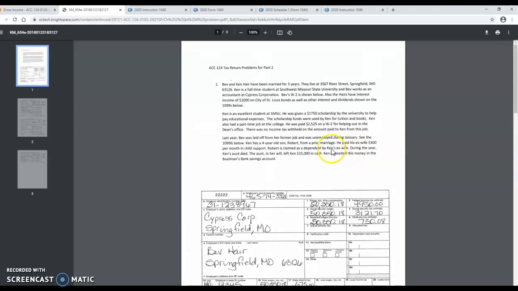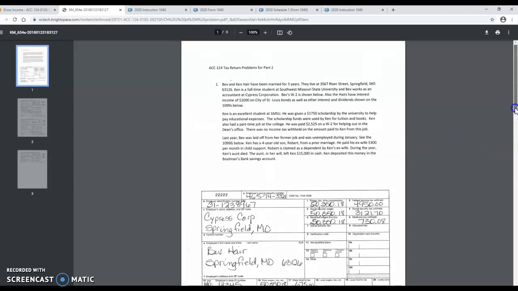And so that tells us right there that this child is not living with Bev and Ken. The child is living with the ex-wife, and the ex-wife is claiming this Robert. So Ken is not going to be able to claim Robert.